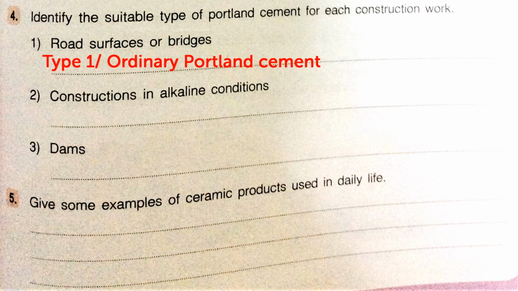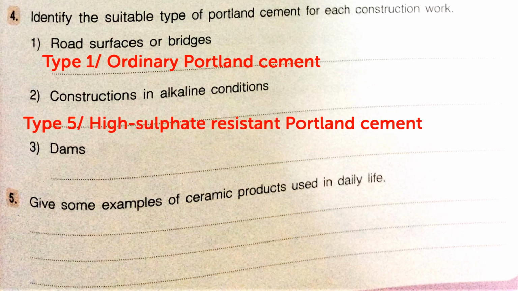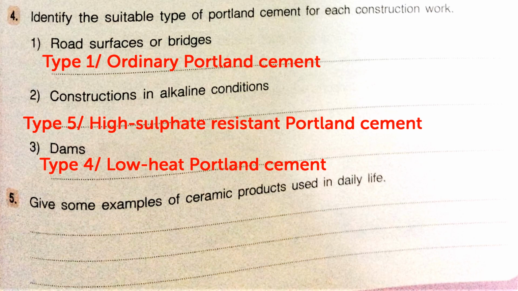Number 2, how about if you're going to use Portland cement in alkaline conditions such as in your soil or marine conditions? You're going to use type 5 or high sulfate resistant Portland cement. And then finally, number 3, if you're going to use Portland cement in building dams, what type? You're going to use type 4 or low heat Portland cement.